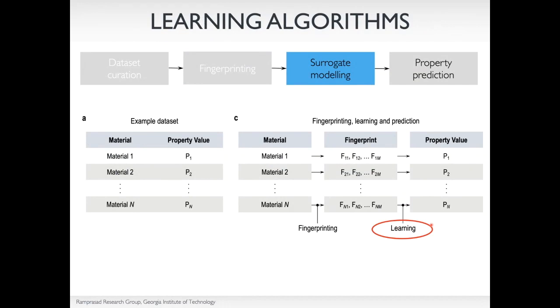The most elementary way of doing this mapping is something called linear regression, right? So it's nothing but making the hypothesis that P is a linear combination of the F's, right? P equals C1 times F1 plus C2 times F2, etc., etc., where C1, C2, C3 are coefficients.